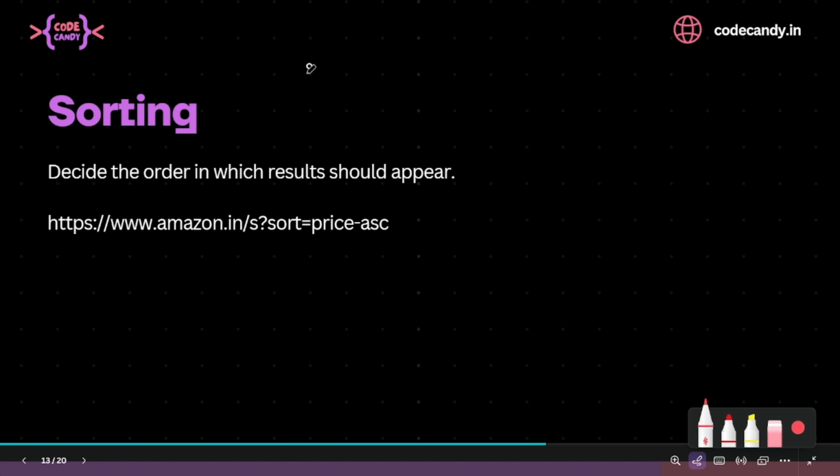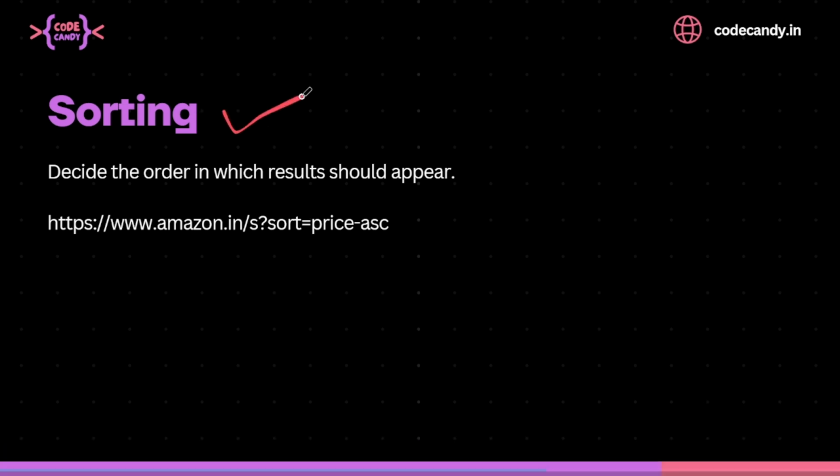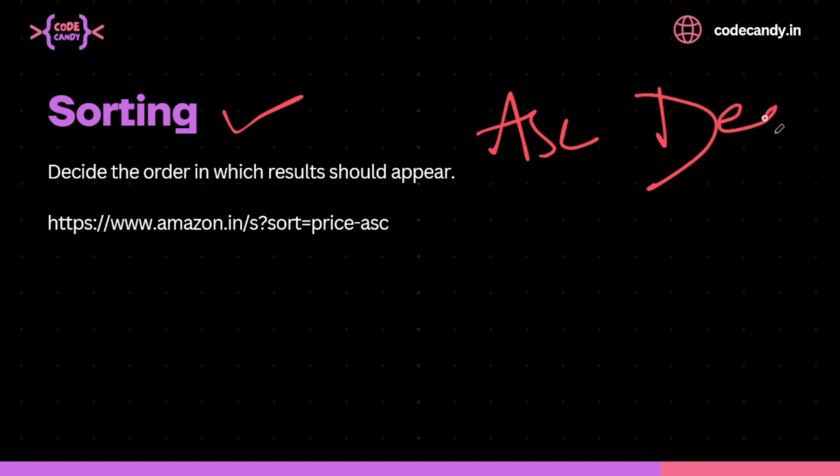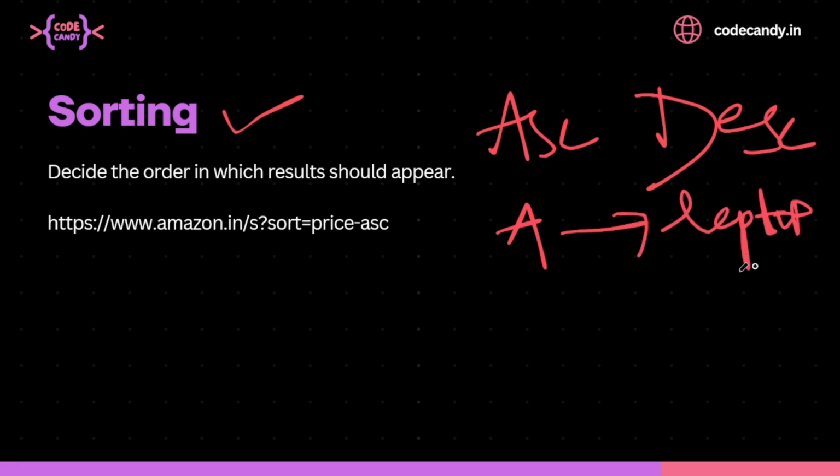Now, after filtering, the next important concept is sorting. Now I want to sort, deciding the order, whether it is ascending order or descending order. In the previous example, I said in Amazon, I am sorting laptops. In laptops, I am sorting laptops with brand Dell.